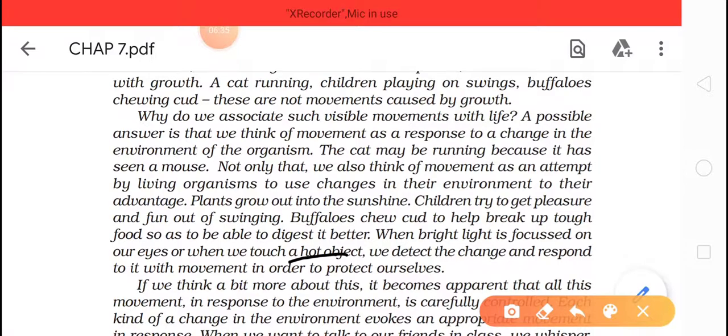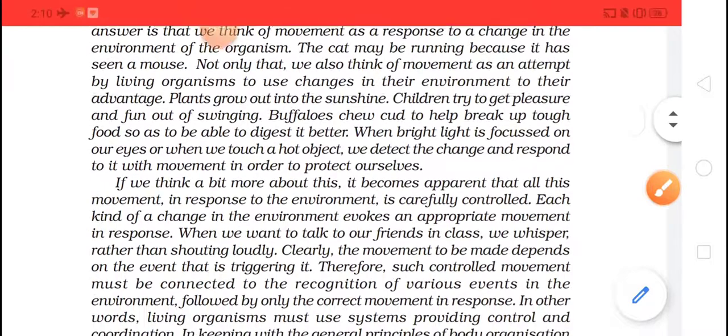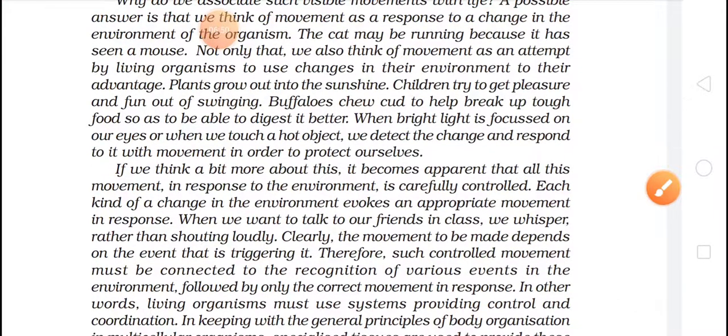Why are we removing our hand? Because we want to protect ourselves. So as we want to protect, we remove our hand from that hot object. So this is a quick response that each and every organism, in some way or the other, will be doing.